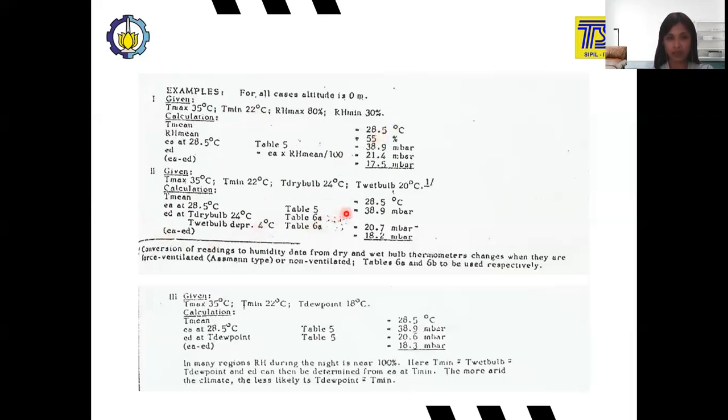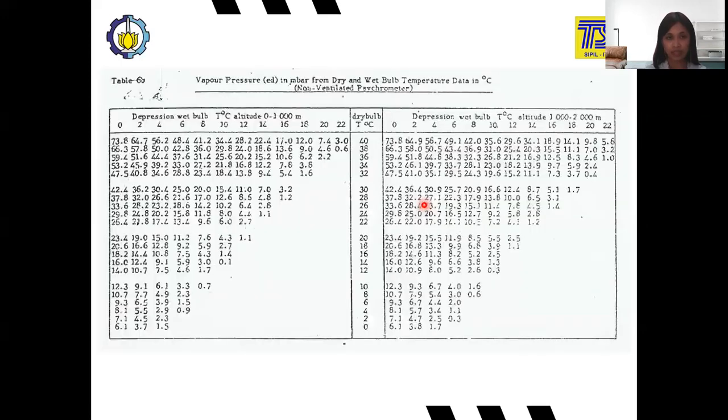And after that, we look for the saturated vapor pressure in table 5. And now we can use the table number 6, because we have this data of dry bulb and wet bulb. And let's look at the table 6.